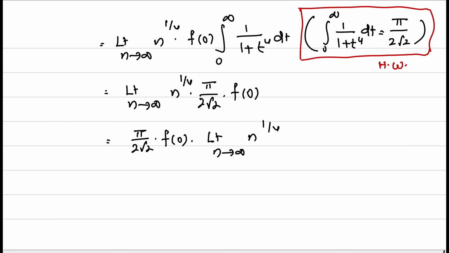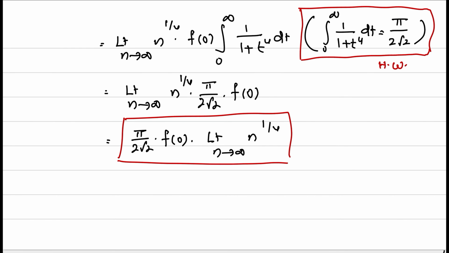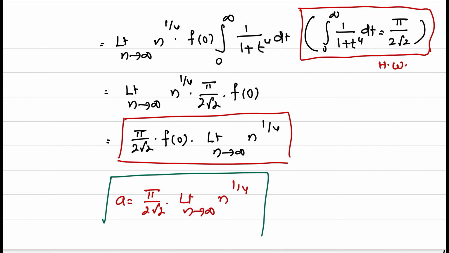This is the answer. The value a is equal to pi by 2 root 2 into limit n tends to infinity n to the power of 1 by 4. That means it is almost equal to infinity. This is the value of a.